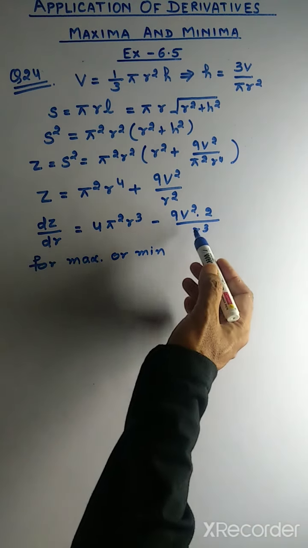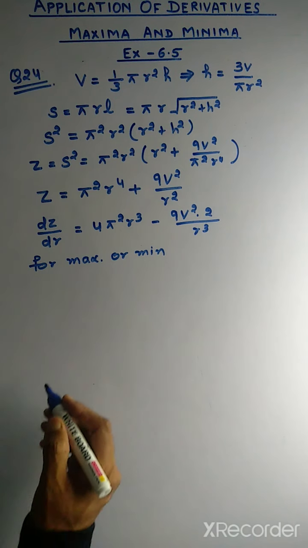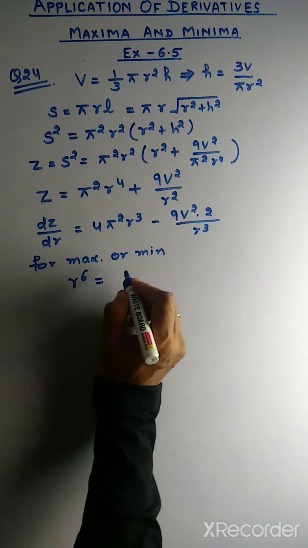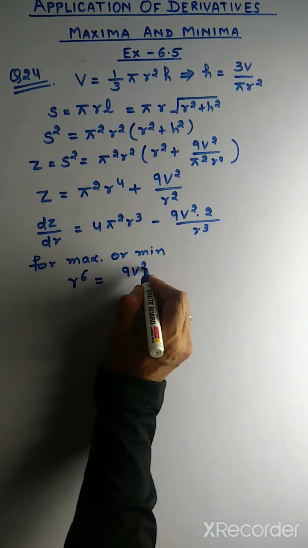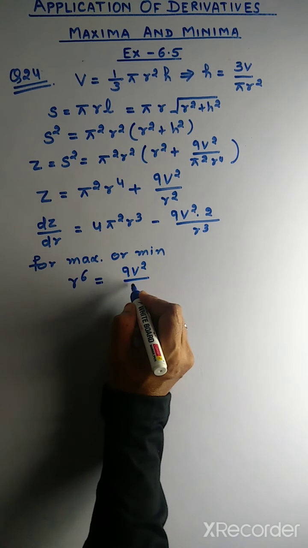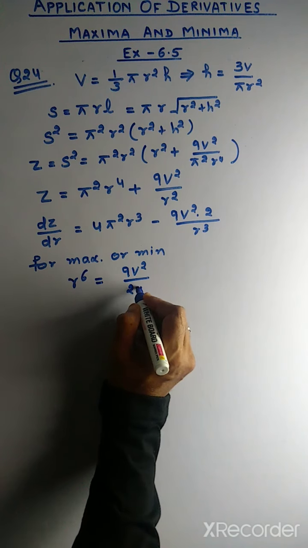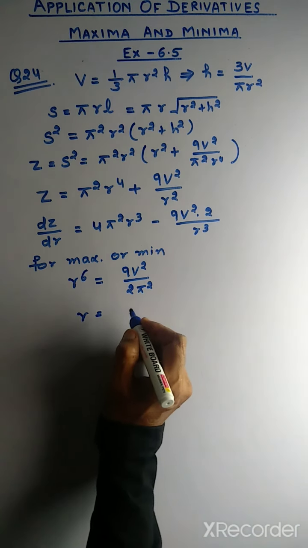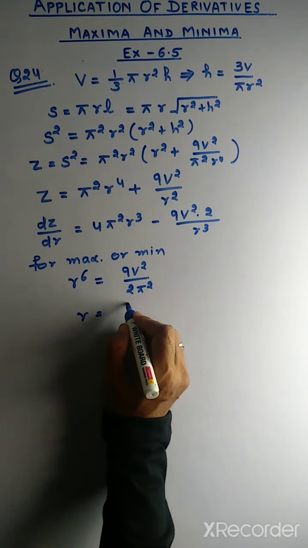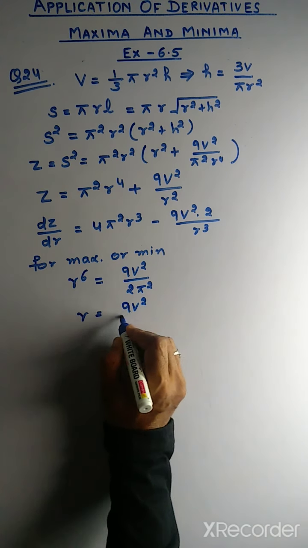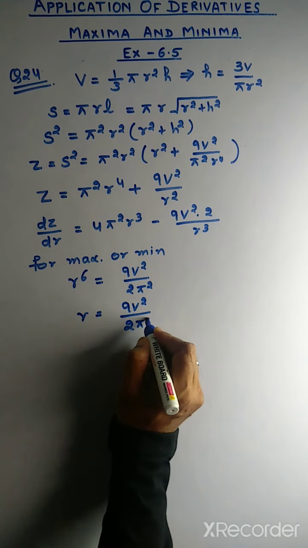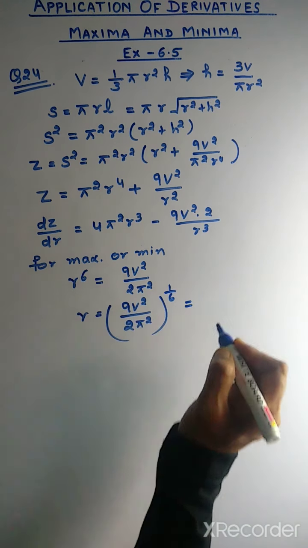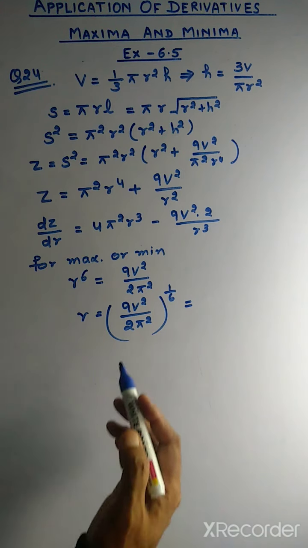If we put the right hand side equal to 0, r raised to the power 6 equals 9v square upon 2 pi square, or r equals 9v square upon 2 pi square to the power 1 by 6, which can be written as, in place of 9 we can write 3 square.